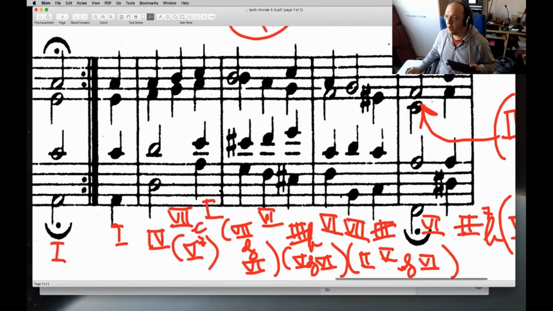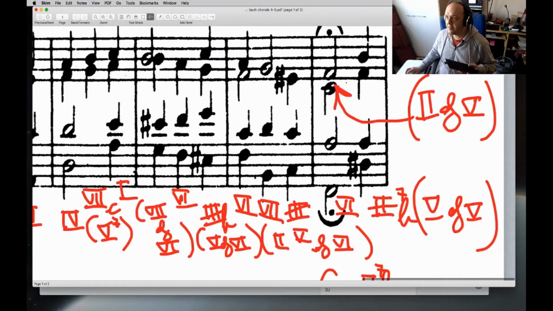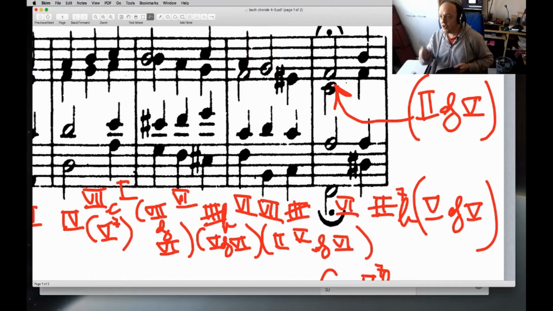And also in the following phrase, this chord right here, it is 2 of 6, but it is 2, 7 in first inversion of 6, because I have the third in the bass, that's the B, I have G sharp, B, D, and then the F sharp here, that's the 7th.